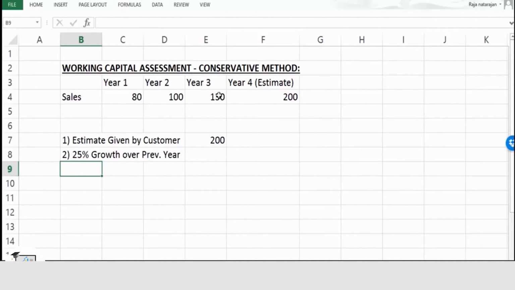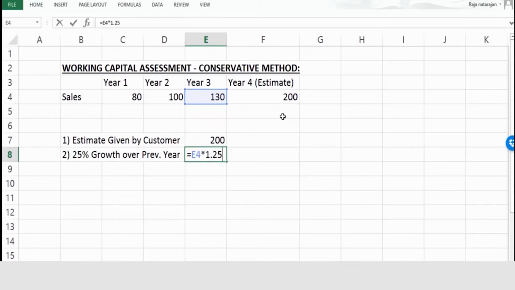The previous year is 130, so 130 plus 25%. We can say 130 multiplied by 1.25, which is 162.5. So if this parameter is considered as the estimated turnover, then turnover has to be frozen at 162.5, whereas the estimate given by the customer is 200.